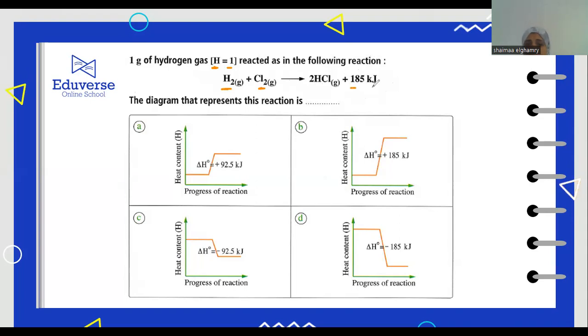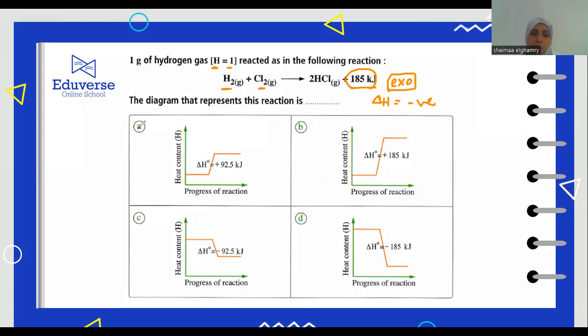From the equation in front of us, we can conclude that the reaction is what? Exothermic reaction. Why is it exothermic? Because the heat is released with the product. So it is an exothermic reaction, so delta H here should be negative.